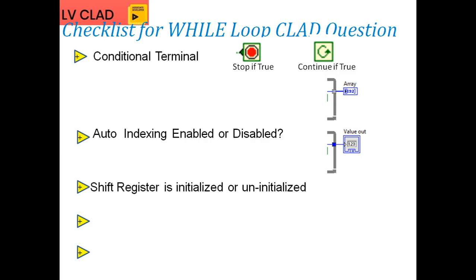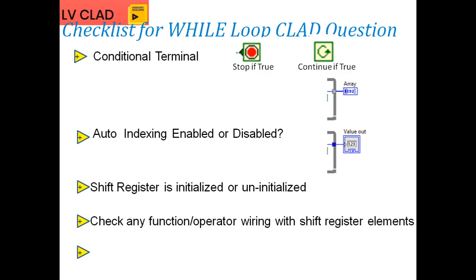The third one is, if your loop has a shift register, check whether it is initialized or uninitialized. You know very well from the previous practice what will happen if you are not initializing the shift register properly. And the fourth one is to check any function or operator wiring with the shift register elements.